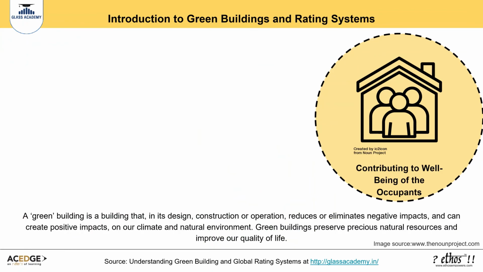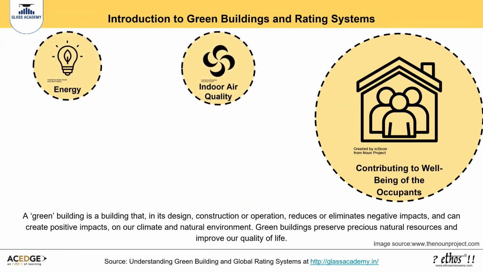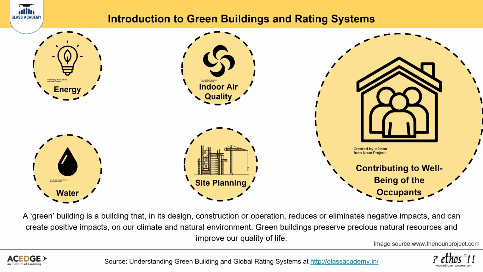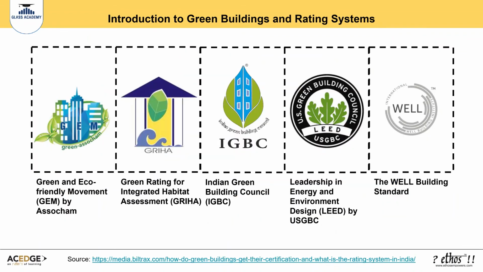In this segment, we will look at some frameworks that could help you determine whether the buildings you design are sensitive to the environment. What is a green building? What are the different green rating systems for buildings that measure and quantify the environmental performance of a given building?